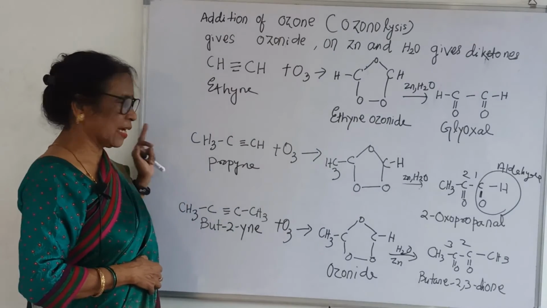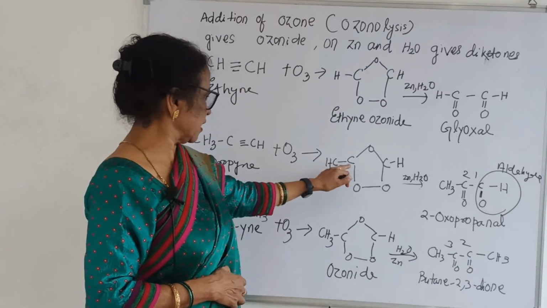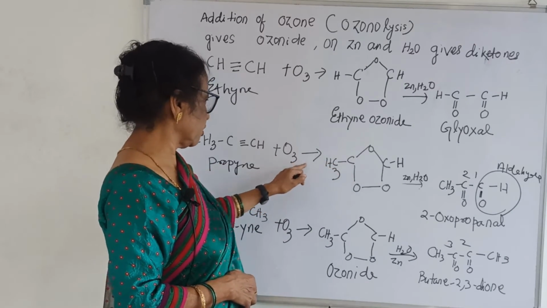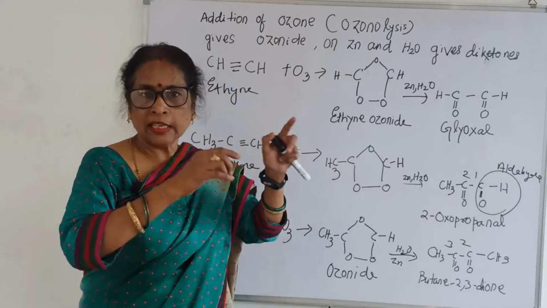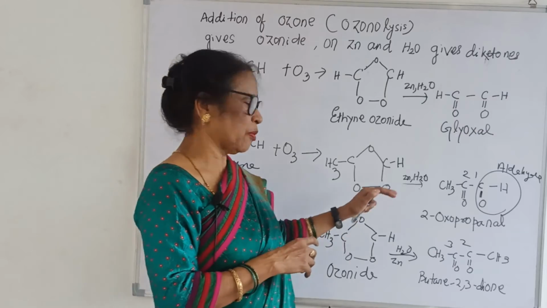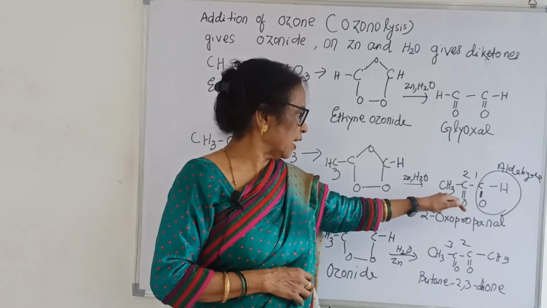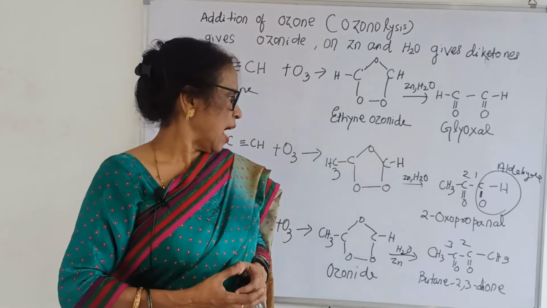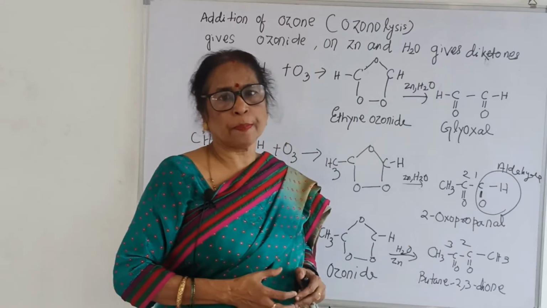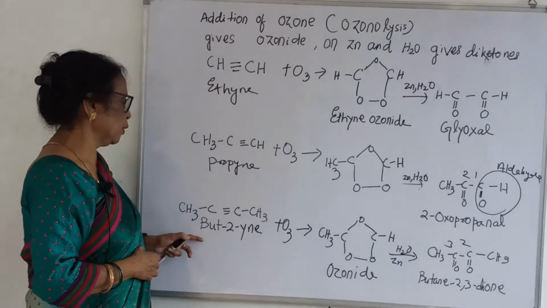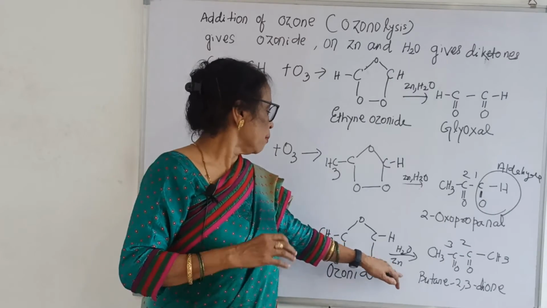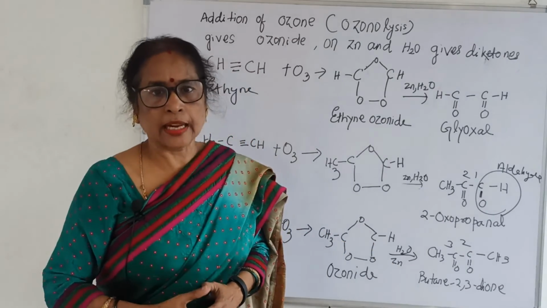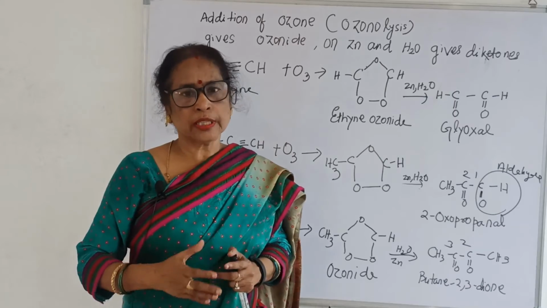Similarly propyne, three carbons, after ozone addition, C, CH3, this side CH, and oxygen is added to make the valency of oxygen 2. Zinc and water, again this is the aldehyde part, and here 2-oxopropanal. And but-2-yne with O3 gives ozonide, and water and zinc give butane-2,3-dione.